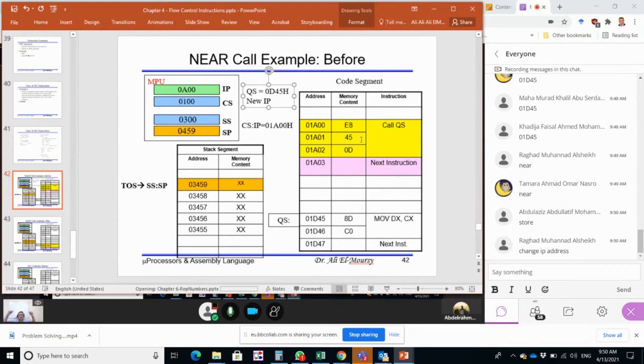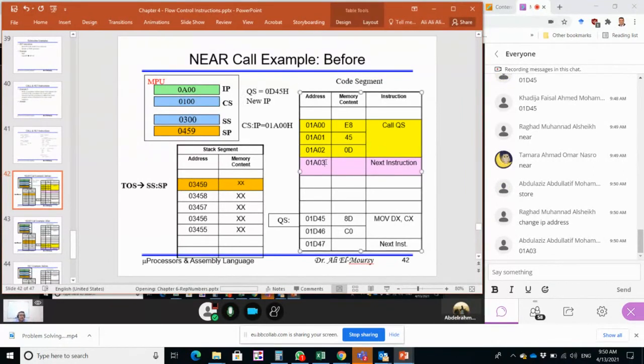The IP address of the instruction right after the call, which is basically the IP address of the call plus 3.